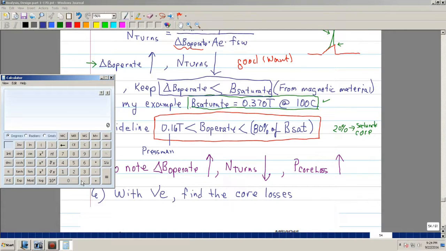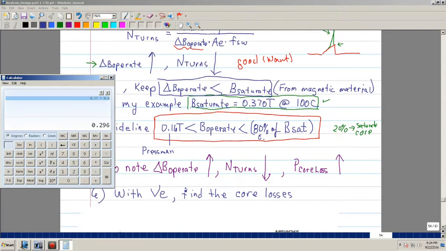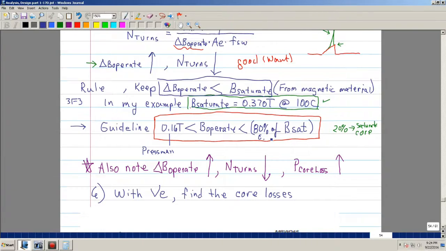So let's assume 370 times 0.8. In this case, I can go up to 0.296 Tesla. So from 0.16 Teslas to 0.296 Teslas.